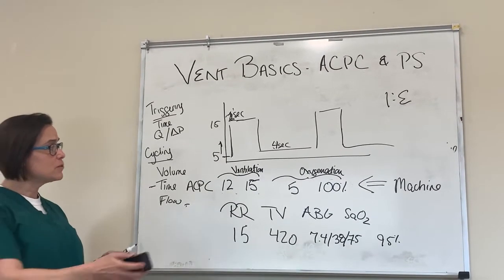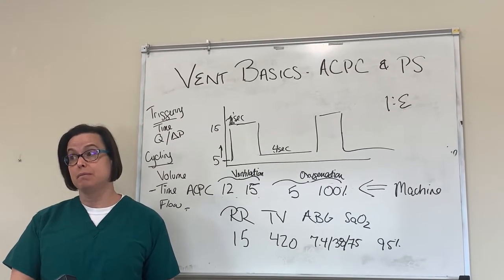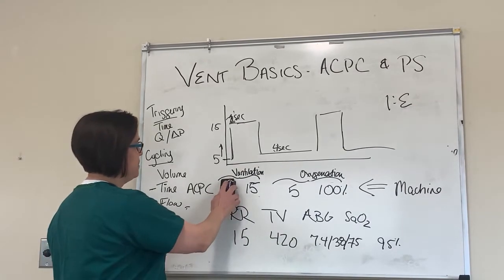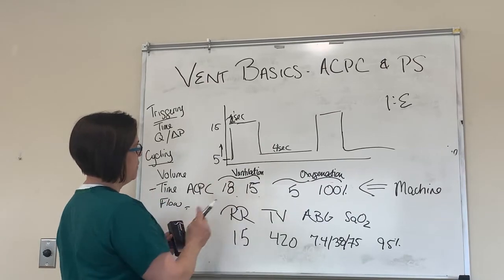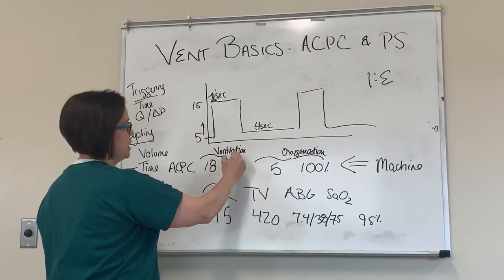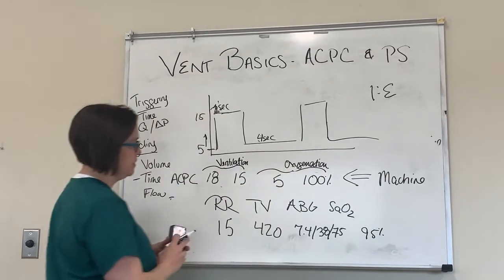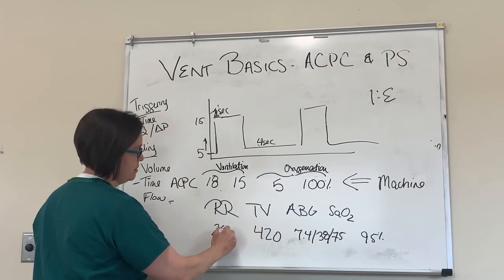Okay, so I'm going to give you some settings, and then I want you to tell me based on what the patient is doing with them, how you want to change the ventilator. Okay, so I have my patient on a rate of 18, an inspiratory pressure of 15, a PEEP of 5, and FiO2 of 100%, and on that, they're breathing 20.